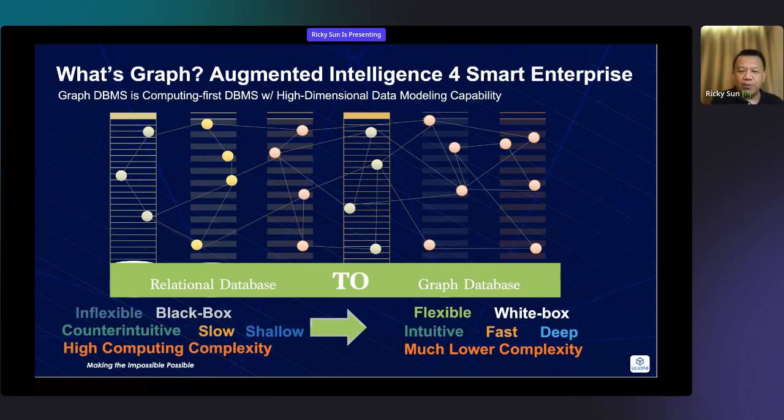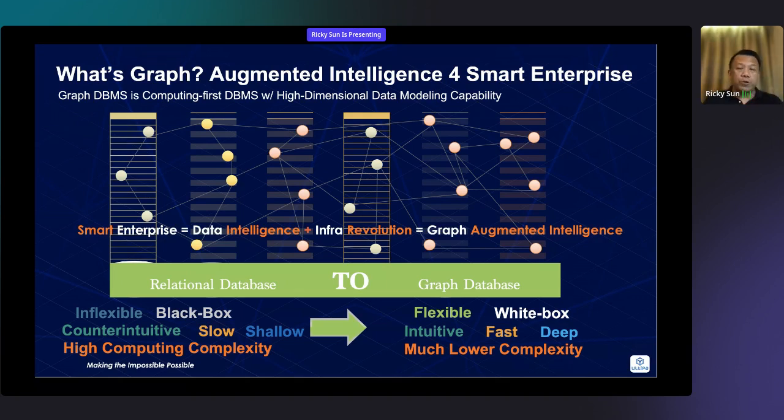We understand the relational data model comes with high computing complexity. On the other hand, the graph database should be more flexible, intuitive, fast, deep, with great explainability, white box. And also when we are doing computing analytics or queries, the graph database should come with much lower complexity, right?